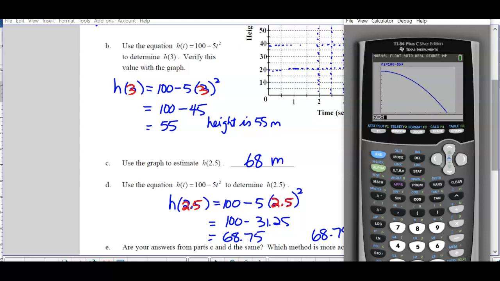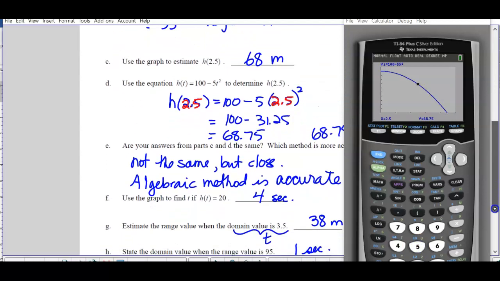Okay, it assumes when you're in trace mode that you're looking for when X is 3 and then enter on it, and Y is 55. You're good. Then while you're in trace, and you know you're in trace if you see it flashing and you see your equation above. So then 2.5, enter, 68.75. We're good.